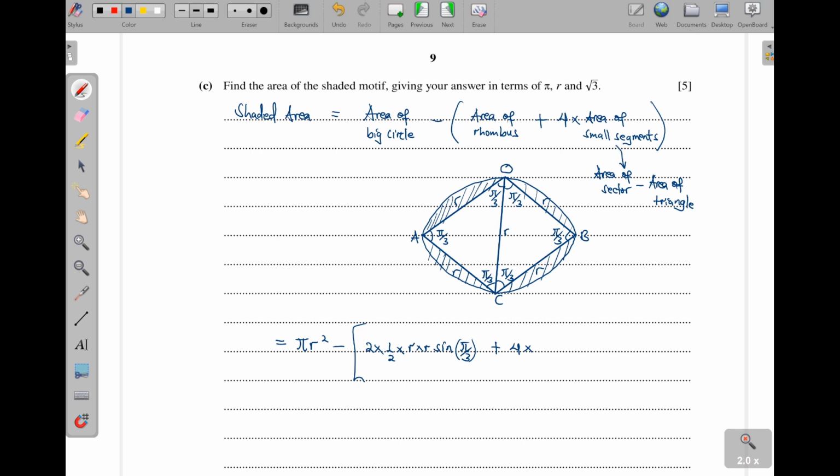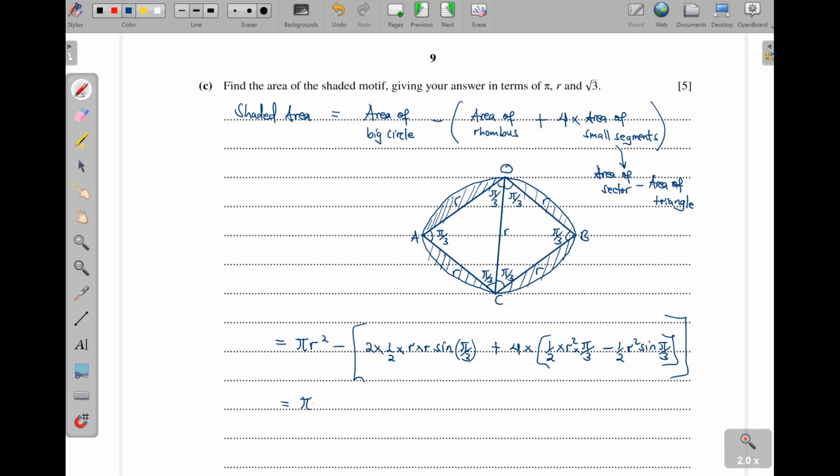So area of the sector is a half r squared, then theta. So the theta is pi over 3. You see that? Then remember, this one is inside here, minus area of the triangle. It is a half, then this and this, then sine of that. Okay, so that is r squared, then sine of pi over 3. Okay, so like that, then we close.